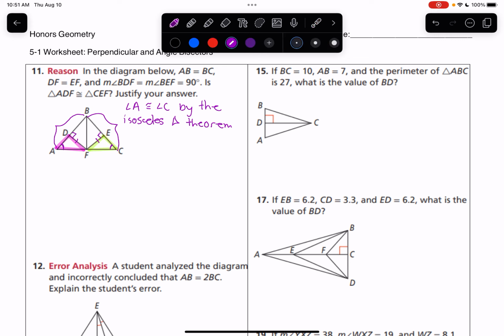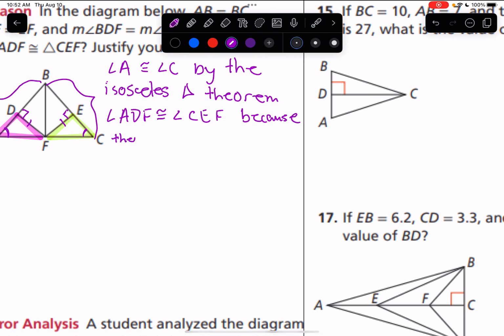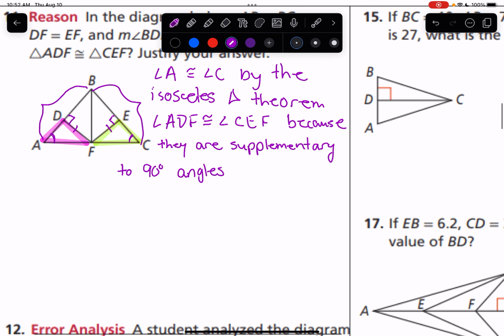So I can state that angle ADF is going to be congruent to angle CEF because they're supplementary to 90-degree angles.